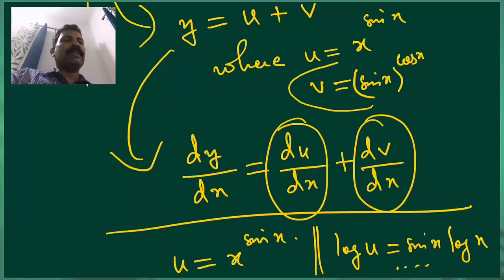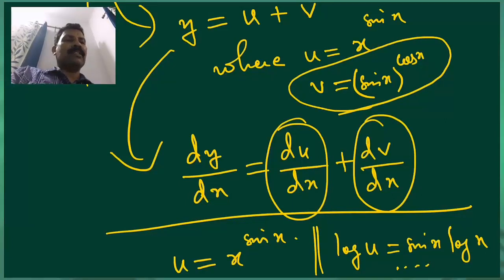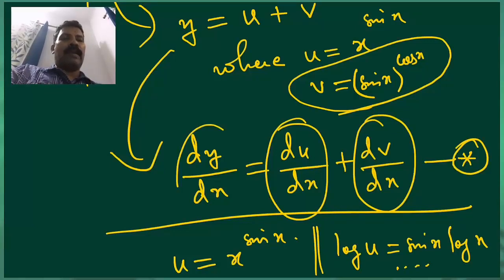In the same way, since v is equal to sin x raised to cos x, you can find dv by dx also. Then separately finding du by dx and dv by dx, you come to this equation star, then you combine the answers so that you can have dy by dx.